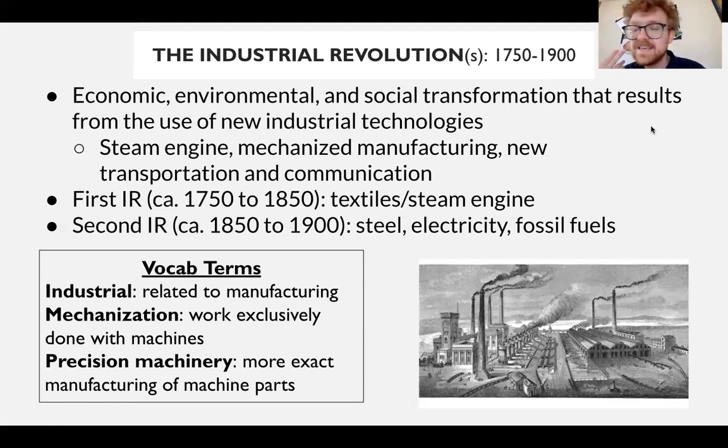So this is an overview of the Industrial Revolution. It's a change in the economy, which will have social and political implications. Let's get started with looking at some of the reasons why the Industrial Revolution will occur.